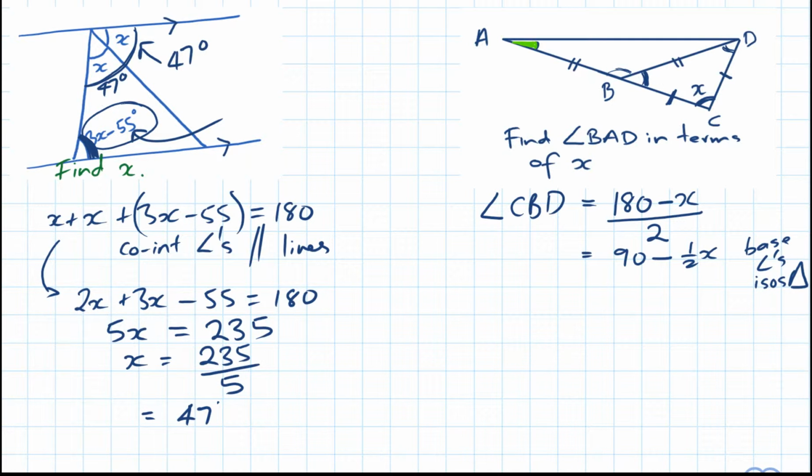Now we could work out this angle here, which is just angles on a straight line. So angle ABD is equal to 180 minus this angle here.